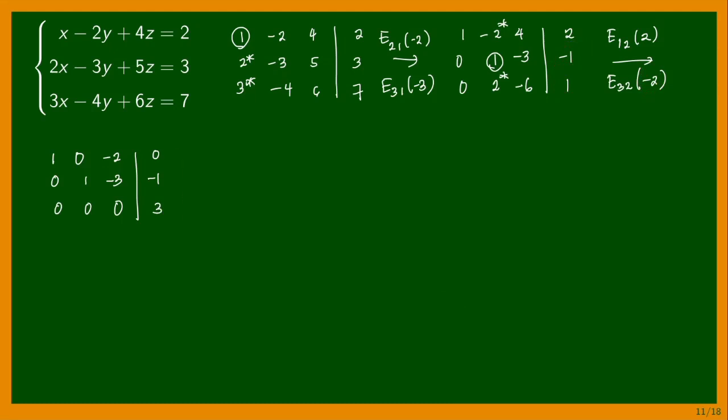At this point, I would like to emphasize that we should stop the algorithm. And we already have a conclusion about this linear system. Why? If you look at the third row of this resulting matrix, it corresponds to the linear equation 0x plus 0y plus 0z equals 3.